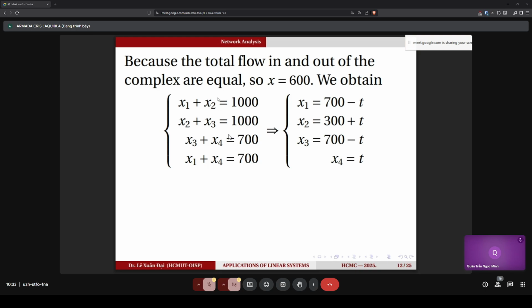Okay, so you make x1 for the first column, x2 values in the second, x3 third, and x4 in the fourth column. So in the fourth column, it should be 0, 0, 1, 1, because there is no x4 in your first two equations. And then the numbers are there at the side.